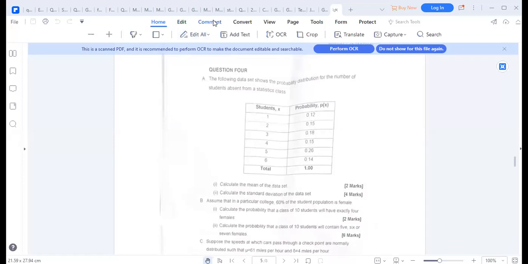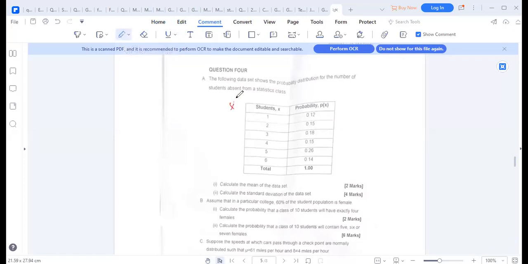Before getting the standard deviation, to avoid confusion, just square them. This is 1, this is 4, this is 9, this is 16, this is 25, and this is 36. Then you multiply this by that, 0.12.